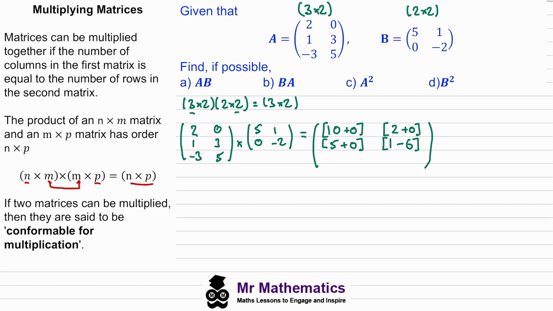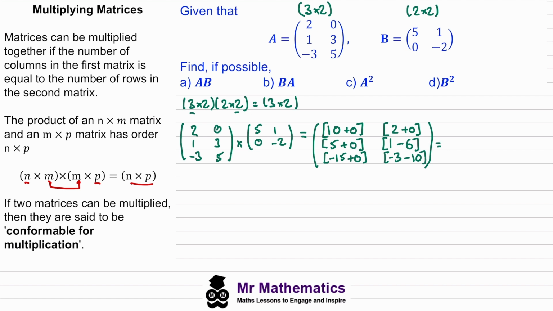So negative 15 plus the 0. And then the third row times the second column, which will give us negative 3. And 5 times negative 2 is negative 10.